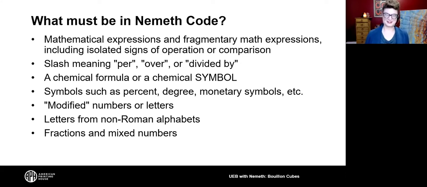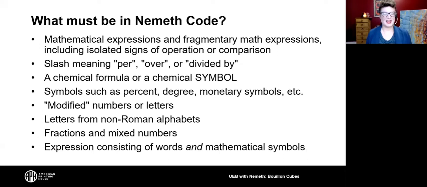So they include a fraction, and any fraction has to be in Nemeth code. And any expression that consists of words and mathematical symbols. I think the most straightforward example of that is something like 2 puppies plus 2 puppies equals 4 puppies. That whole expression is in Nemeth code, including the word puppies, because it's part of the math expression, which includes mathematical symbols, the plus and the equals.